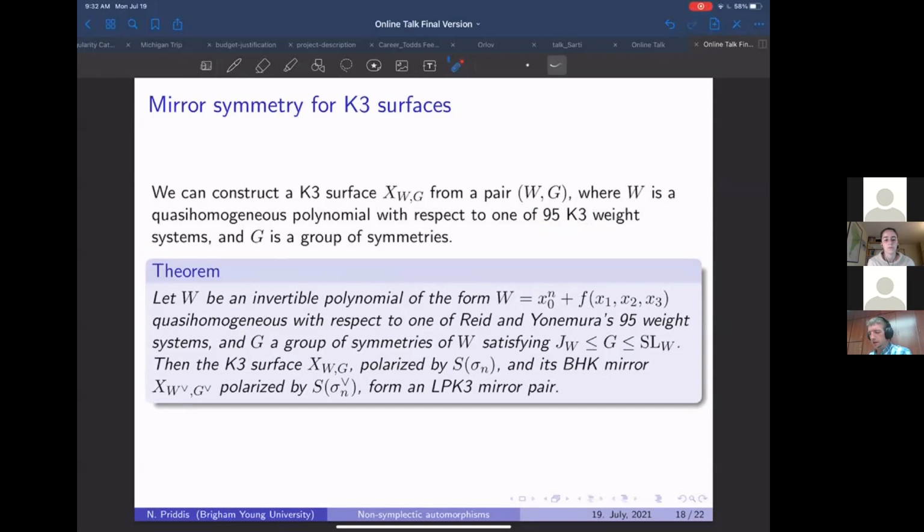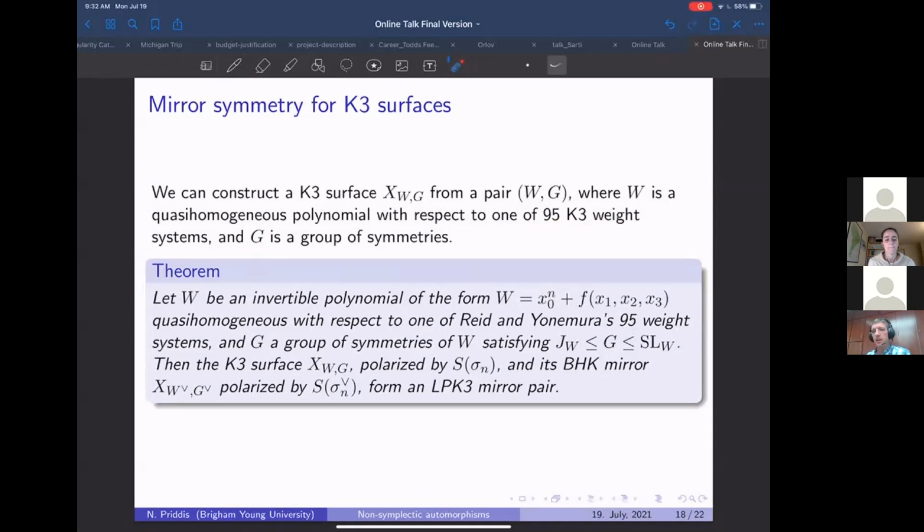If you take a polynomial that's quasi-homogeneous with respect to one of these 95 weight systems, you'll essentially get a K3 surface. You have to blow up the singularities and things like this, but it's essentially a hypersurface in weighted projective space. And G is a certain group of symmetries.